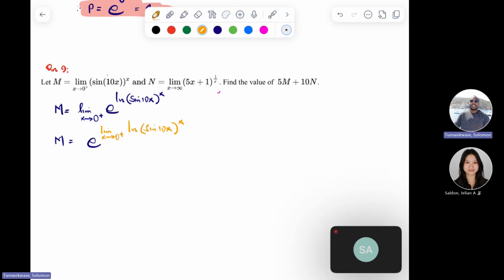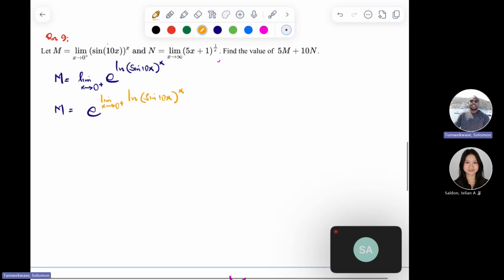Okay, so what I want to find is that thing in yellow. Okay, so let us first find that. So once again, this x can drop here, and I'll have limit as x approaches 0 from the right of x natural log of sine of 10x.